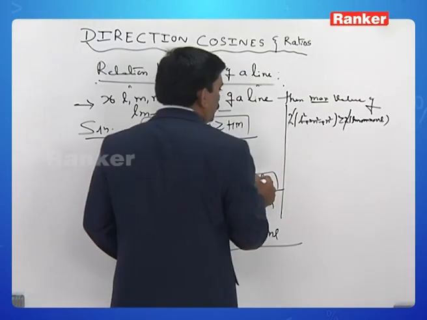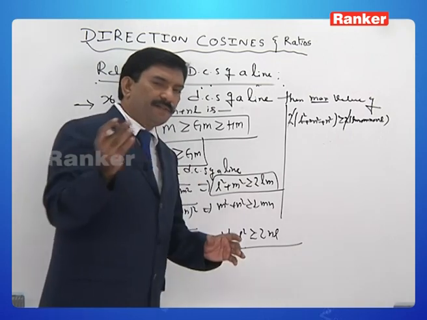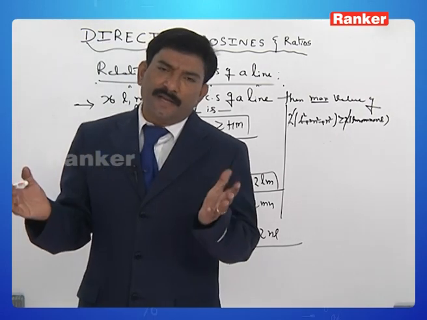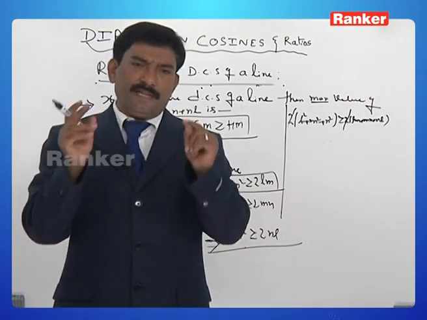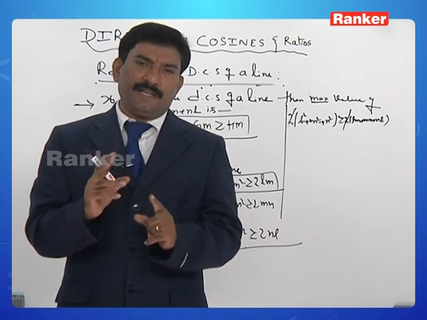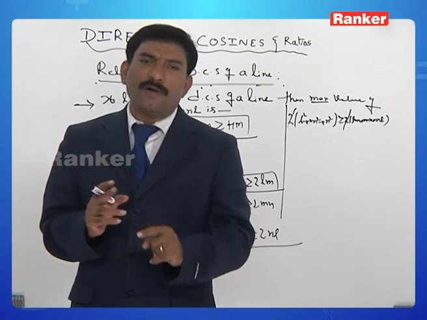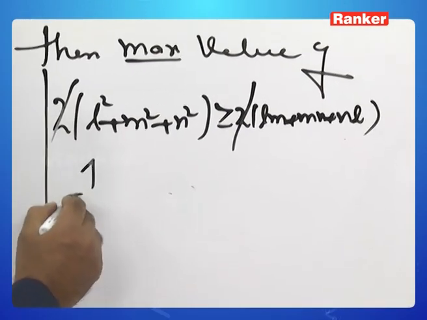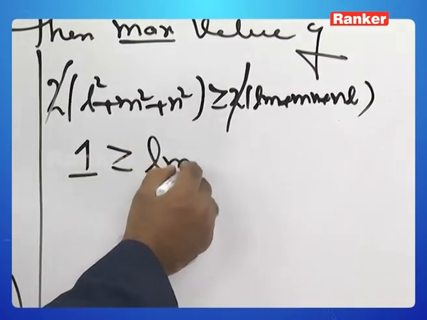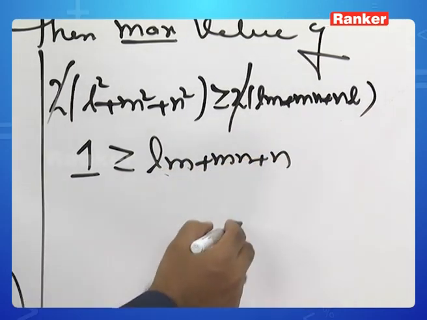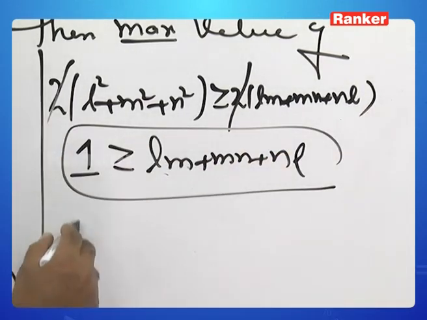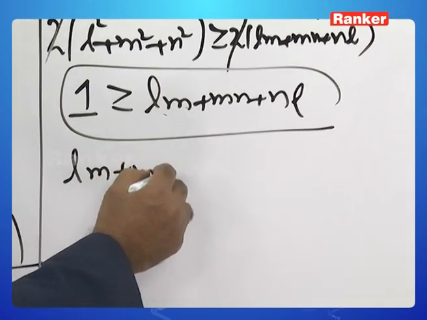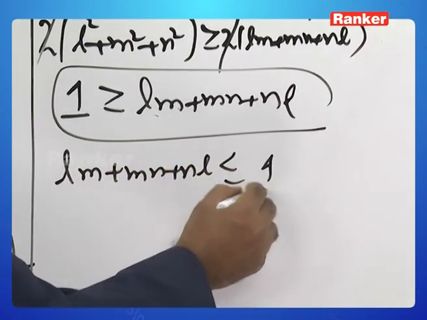This 2 cancels. We already know the relation between the direction cosines of a line: L square plus M square plus N square is equal to 1. Therefore, 1 is greater than or equal to LM plus MN plus NL. So I can write LM plus MN plus NL is less than or equal to 1.